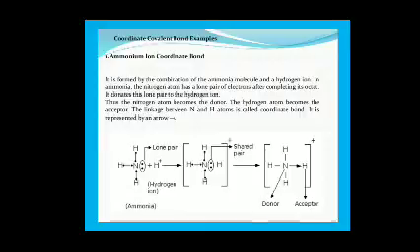In ammonia, NH3, the arrow mark is represented from nitrogen to hydrogen. Nitrogen acts as donor, hydrogen acts as acceptor.